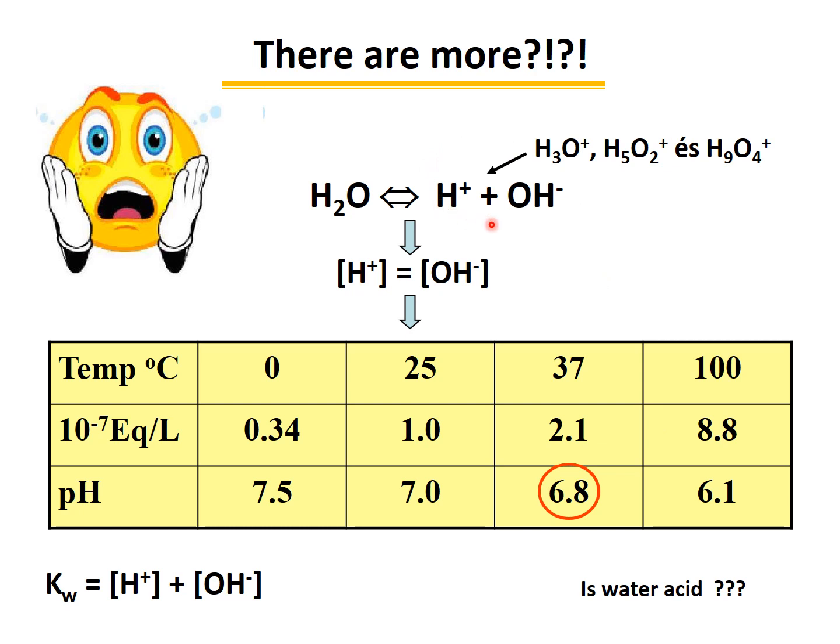Because the association or dissociation of the water molecules is different. Relatively rarely can we find the proton and hydroxyl ion alone; mostly we have hydronium and different associations with hydrogen and oxygen.